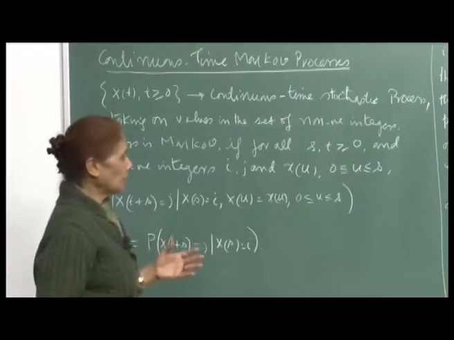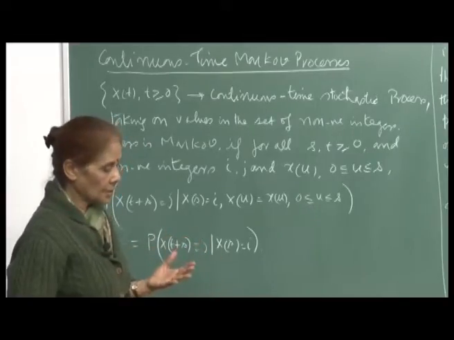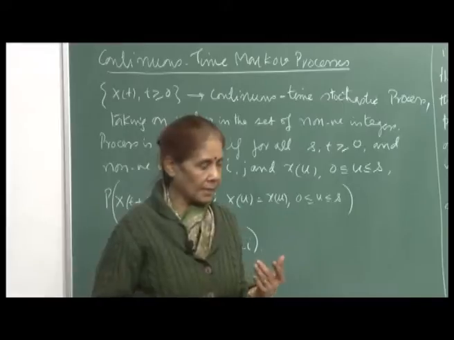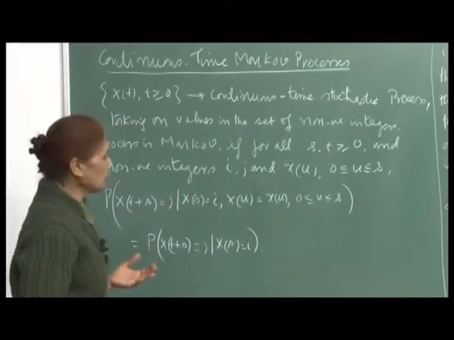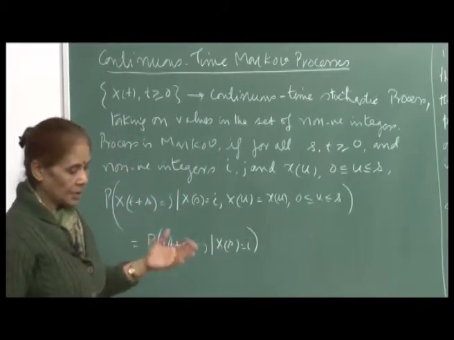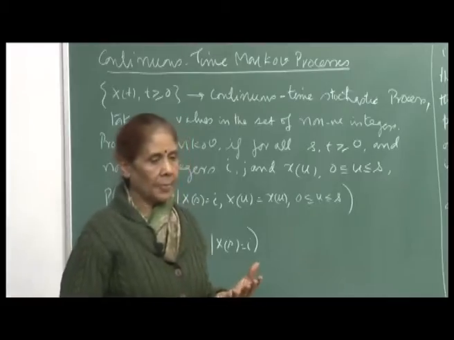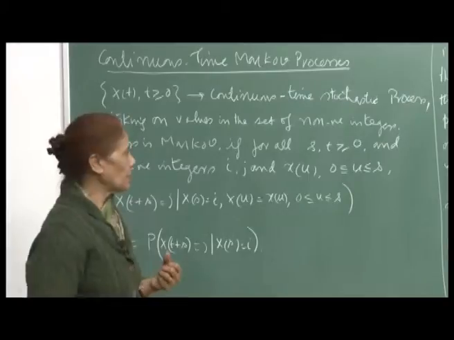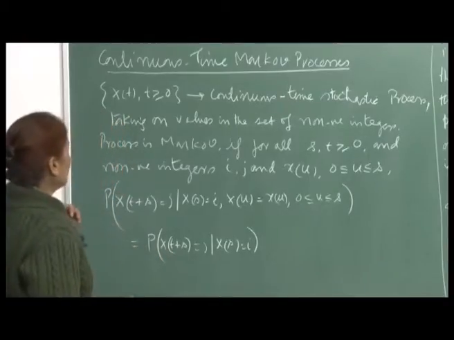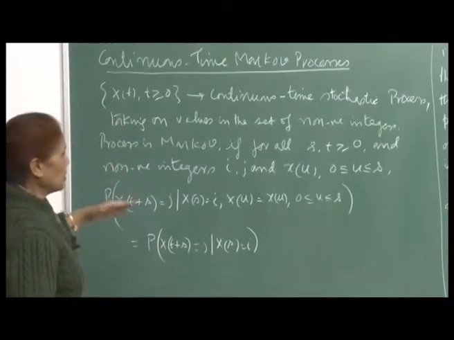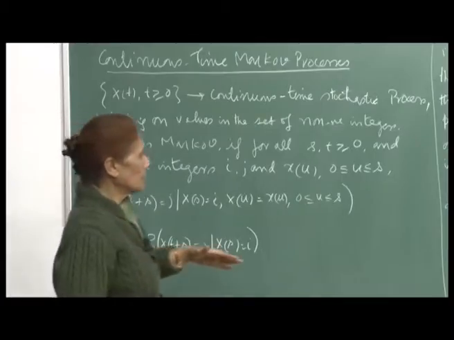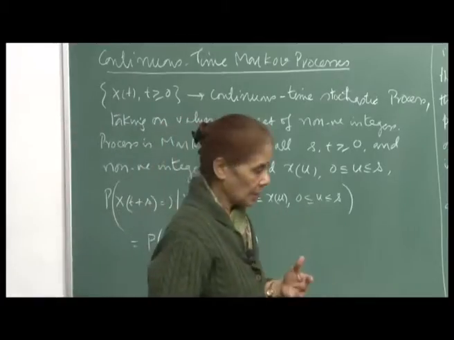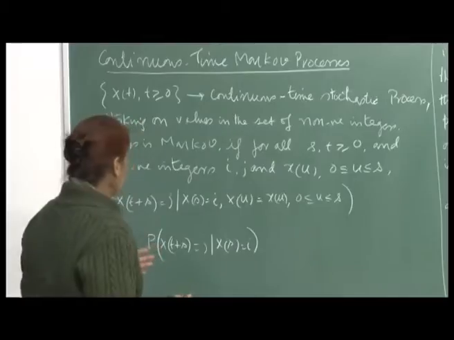We will now be looking at continuous time processes, which are also very important, especially the Markovian ones. Through a series of lectures, I would like to show you particular kinds of Markovian continuous time processes.